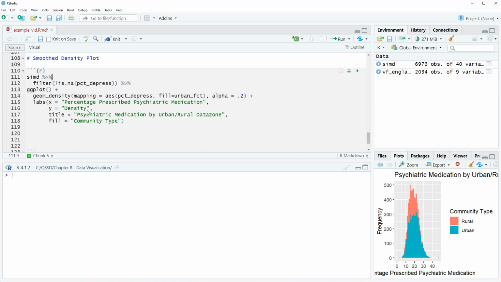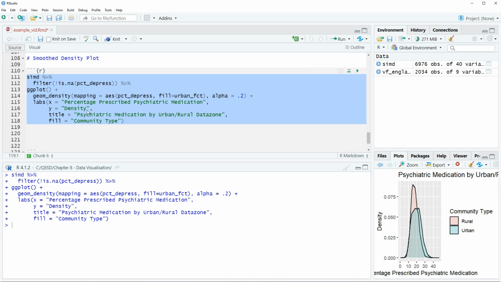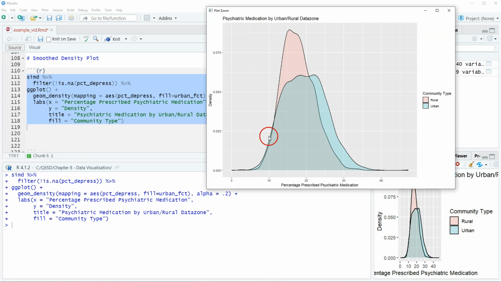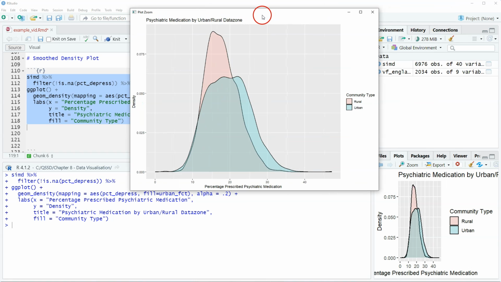Again, what we're doing is plotting percent depressed on the x-axis, and we're going to compare rural and urban data zones. See that? I'm going to click on zoom. The bluish one here is urban.